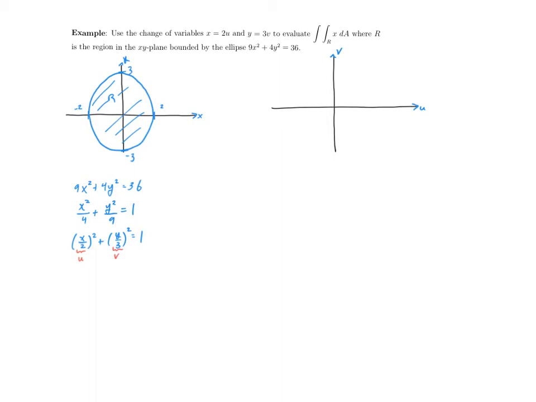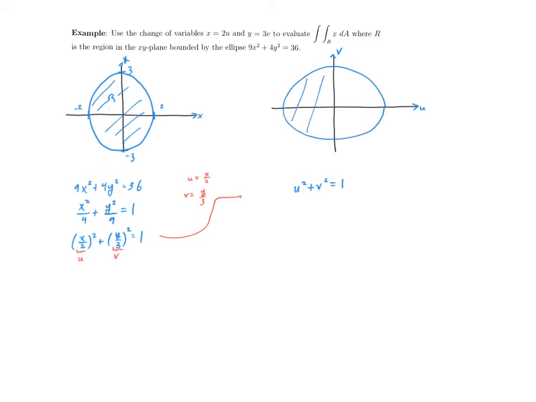So with the transformation that we can describe as being u equals x over 2 and v equals y over 3, this ellipse that bounds the outside of our region in the xy plane becomes u squared plus v squared equals 1. That is a nice circular region in the UV plane.